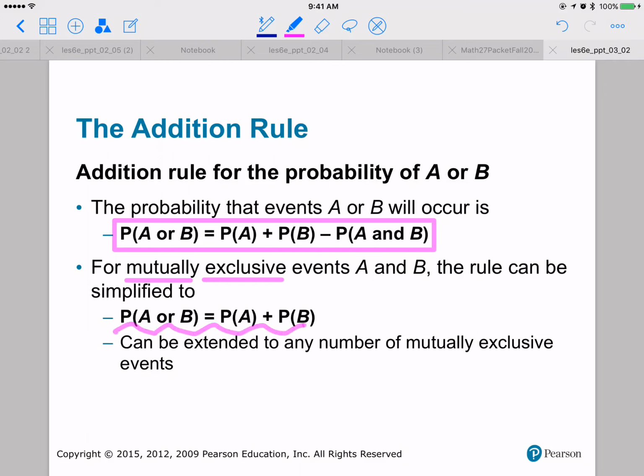So we've got the probability of A or B is equal to the probability of A plus the probability of B.